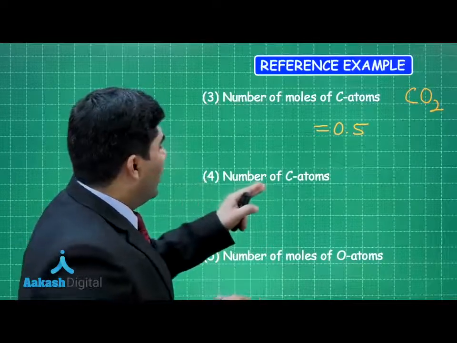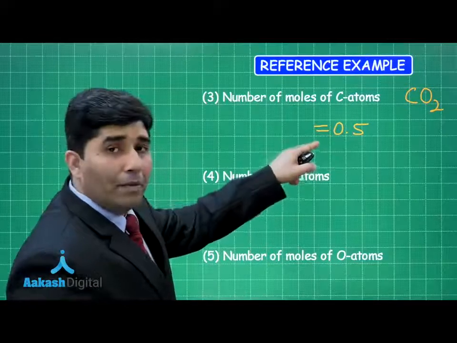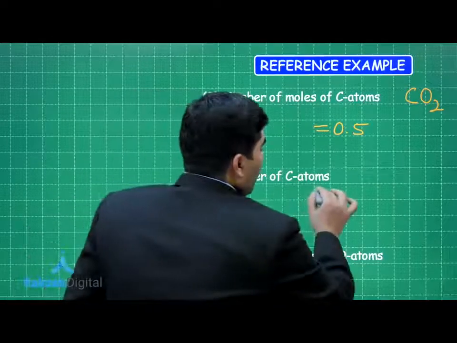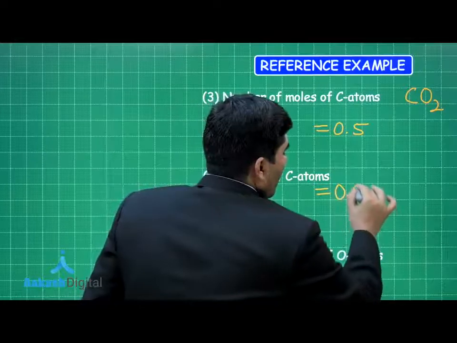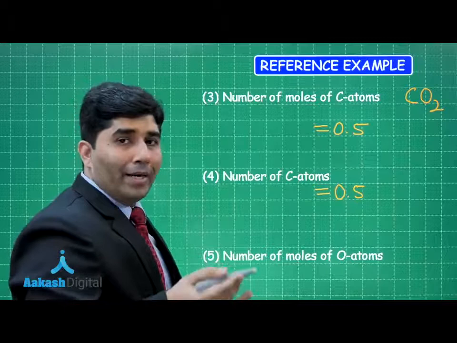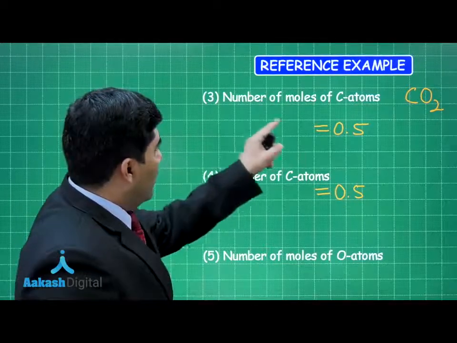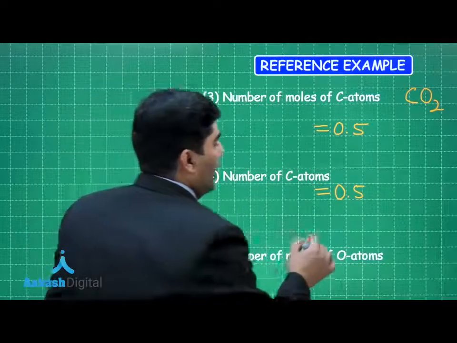Now we have to find the number of carbon atoms. We have the number of moles of carbon atoms. Again, we will apply the same formula. In 1 mole, we have 6.023 into 10 to the 23 particles. But in this case, we have 0.5 moles of carbon atom.